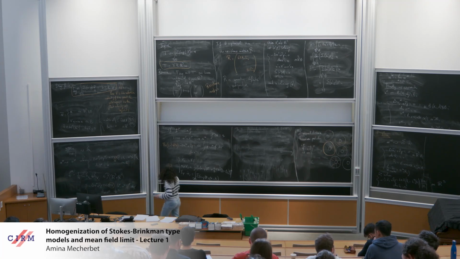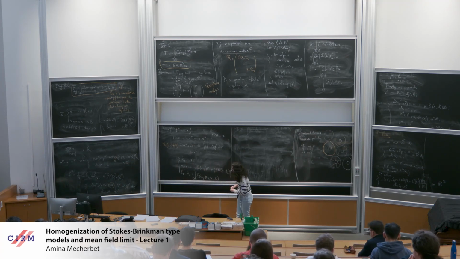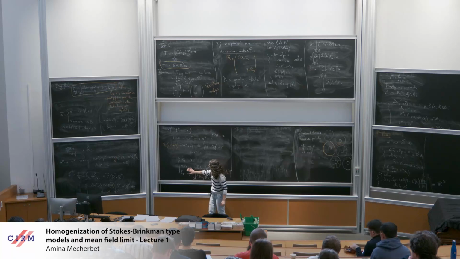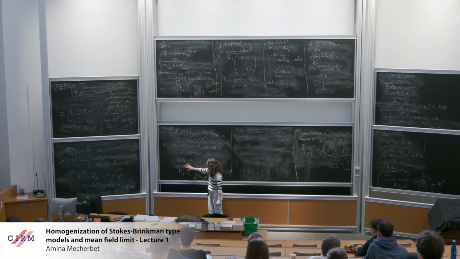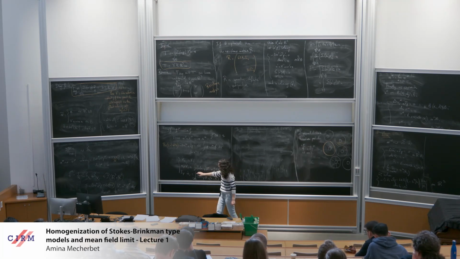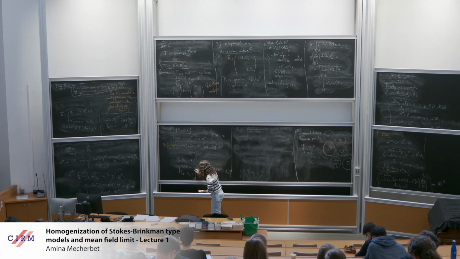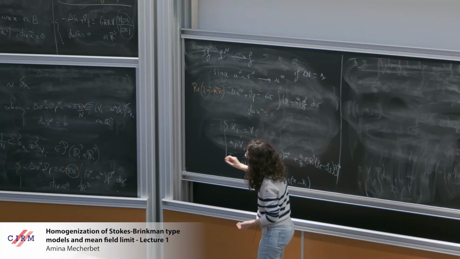But actually, if you think about what happens to each particle if it was alone in the fluid, and you want to look at the stationary velocity, you will see that this term is exactly the Brinkman, sorry, the Stokes drag force.